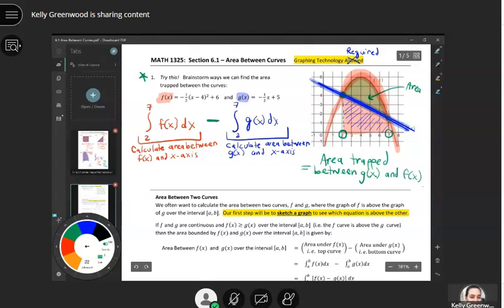And we'll just use technology to do that. But before I do that, show me a status how you feel about the integral of f of x, finding the area under the parabola, the integral of g of x, finding the area under the line, subtracting them, leaving that green area left over. How do you feel about that idea? Show me a status.